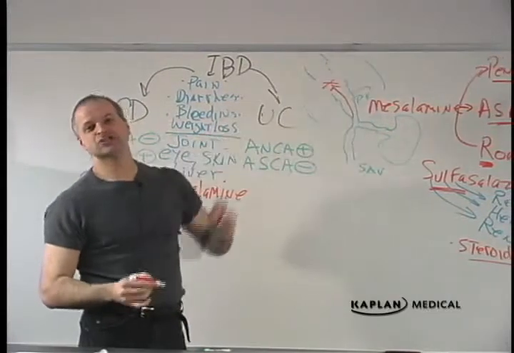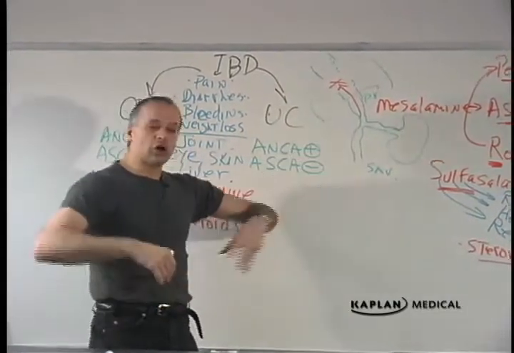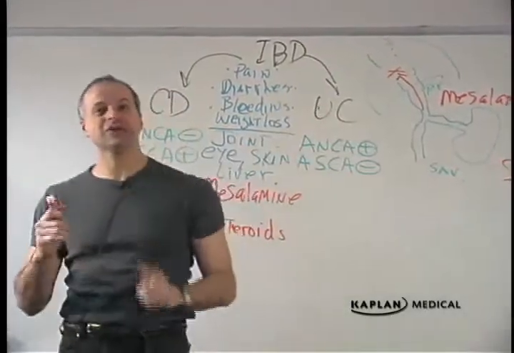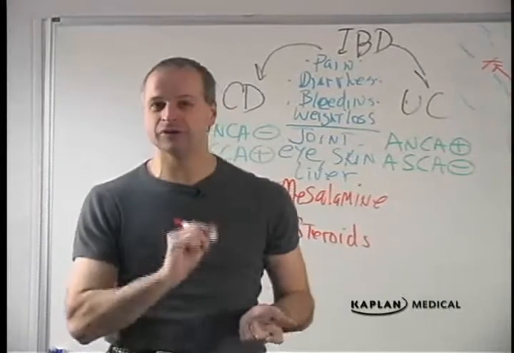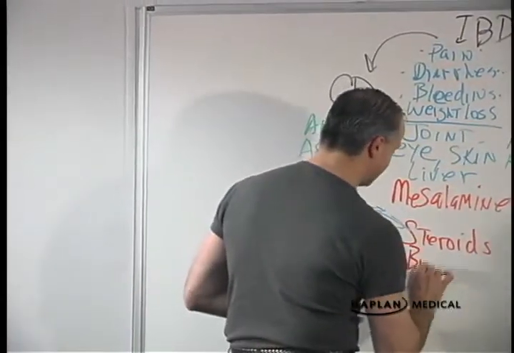That's called first pass effect. The effect is local in the colon, and the liver cleans it out. And that is budesonide.